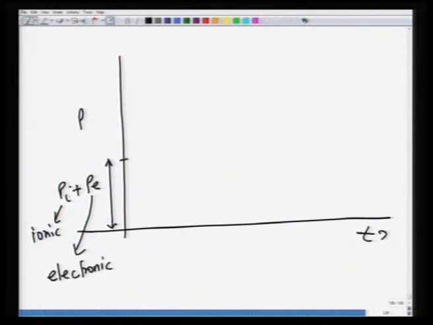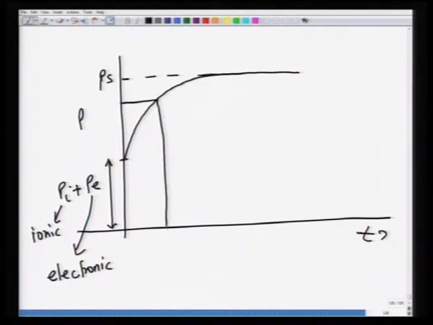Then slowly this develops into what is called the saturation polarization Ps, and the polarization at any time t is defined as Pd(t). This is the dipolar polarization which eventually converts into Ps, the saturation polarization when all the dipoles have aligned themselves into the direction of applied field.